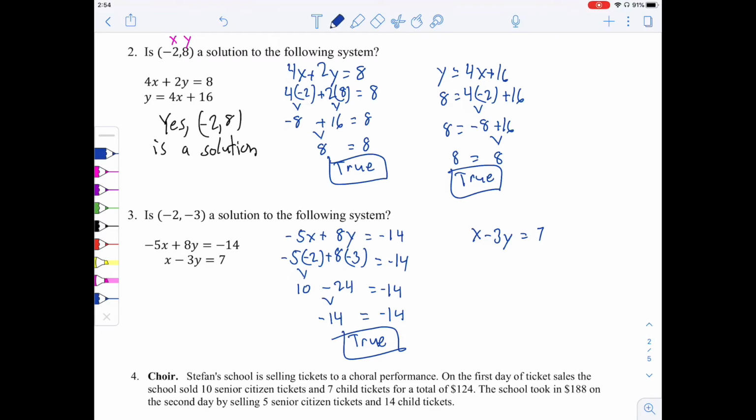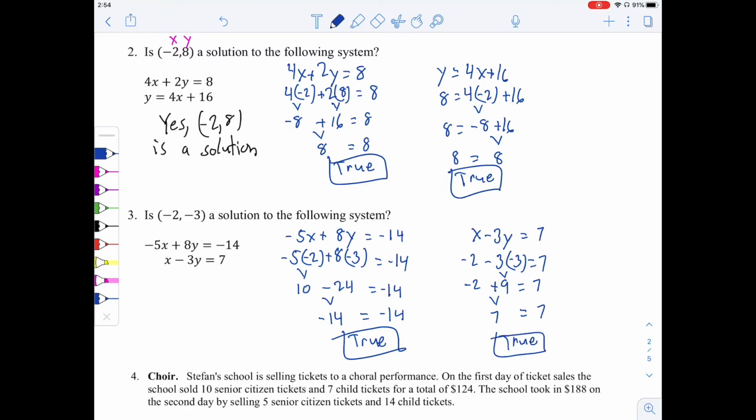See the second one. X value negative 2 minus 3 times your y, which is negative 3, equals 7. Let's see, does that come out to be 7? So negative 2, negative 3 times negative 3 is positive 9, that is 7. So that one is true.